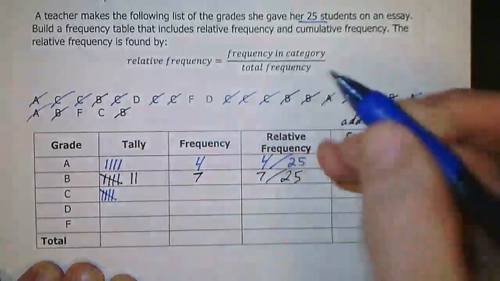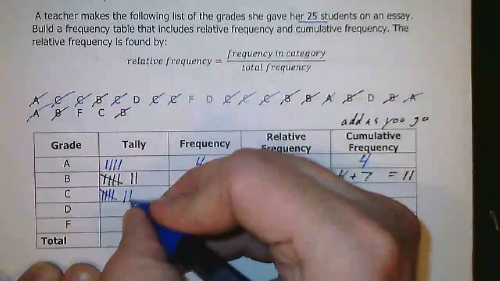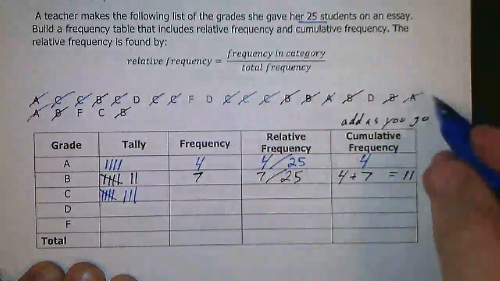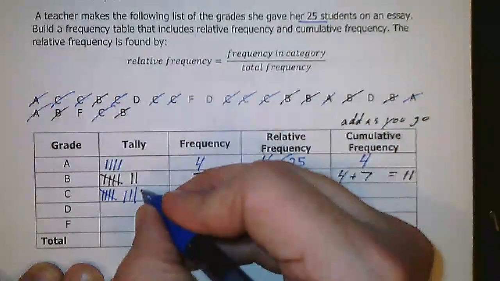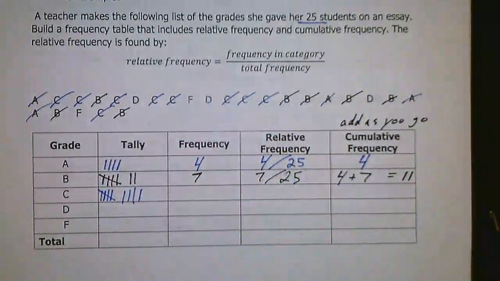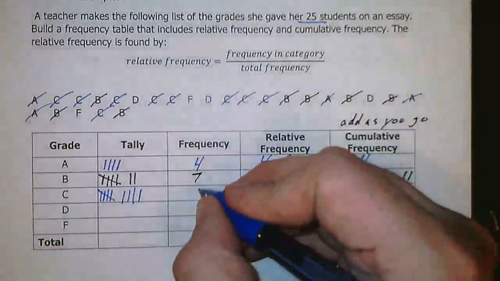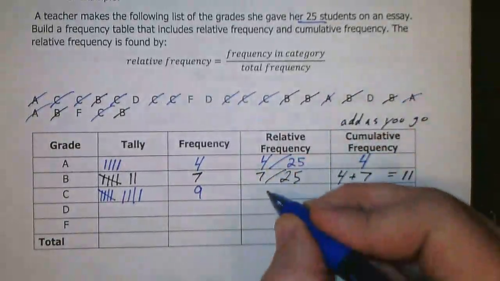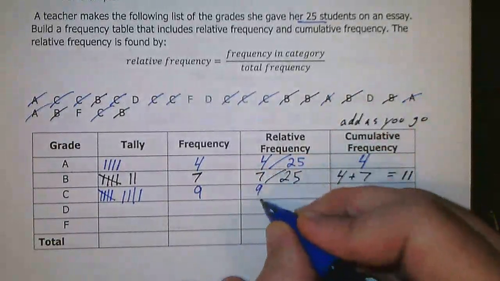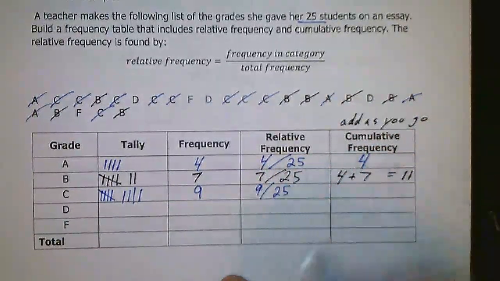Here's 1, 2, 3 C's. And then 1 on the bottom. Of course, it wouldn't hurt to double check, use a highlighter, whatever you want to do. But here I count 9 C's, meaning that the relative frequency is that 9 out of 25 students made a C.